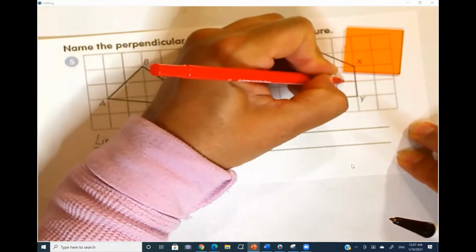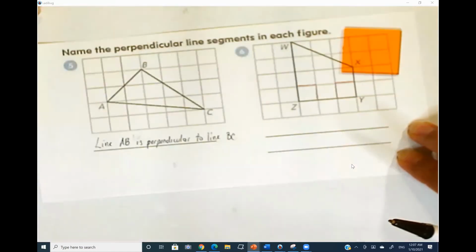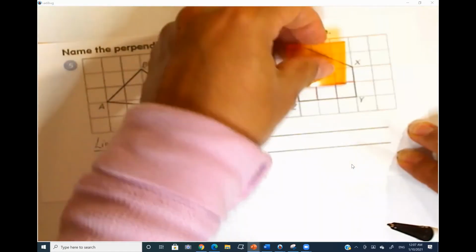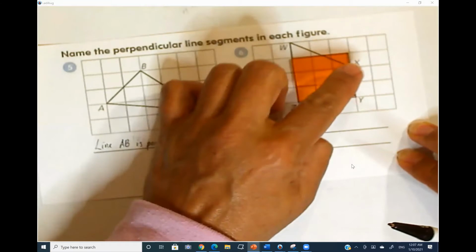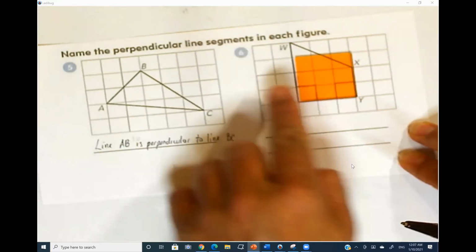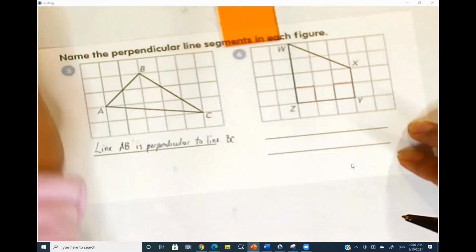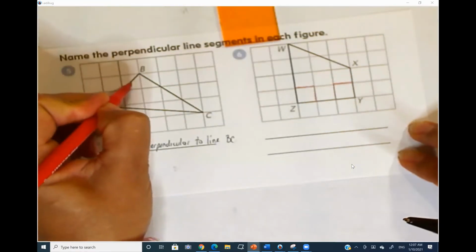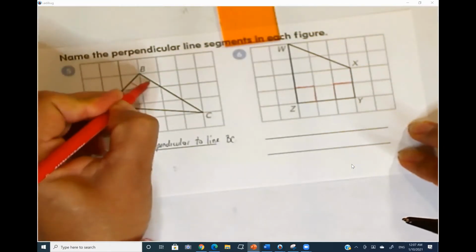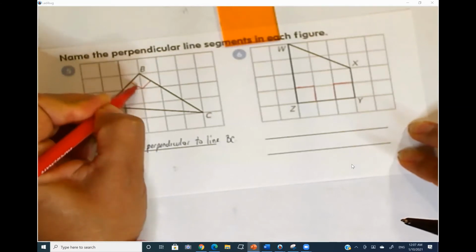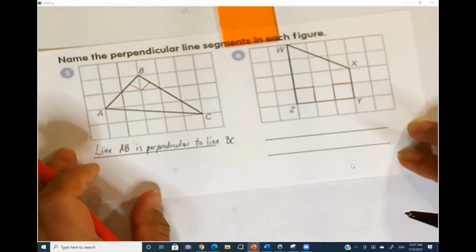So this shape has two sets of perpendicular lines. I can fit the square in this corner, or on the other side, I can fit it too. So this one has two sets of perpendicular lines. I can mark the square here too. So you can see how it is making perpendicular lines.